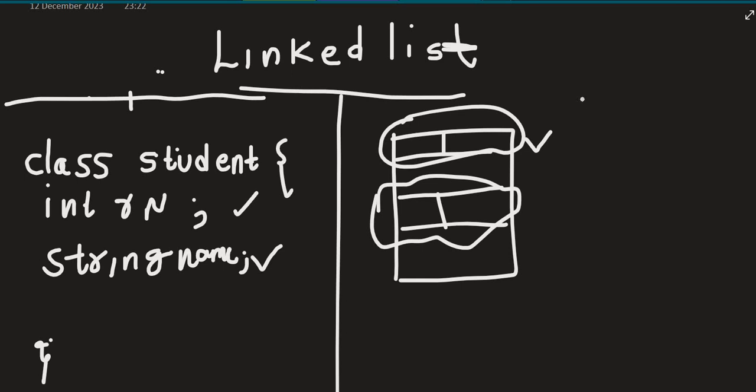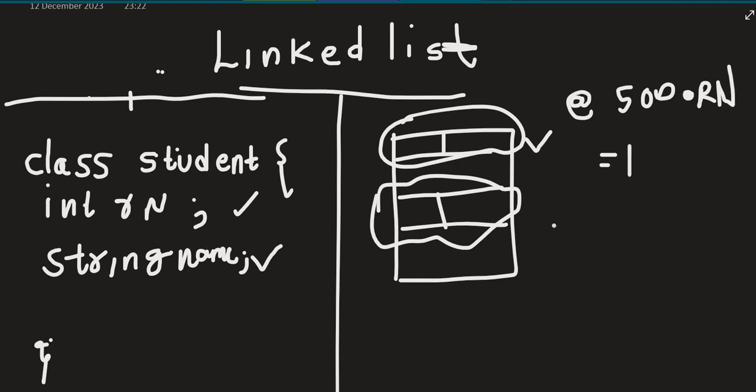How can I initialize? The initialization internally happens through the address. Let us suppose the address is 500. 500 dot roll number is equal to 1.